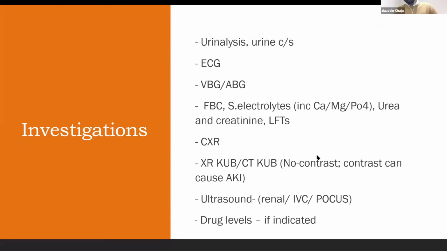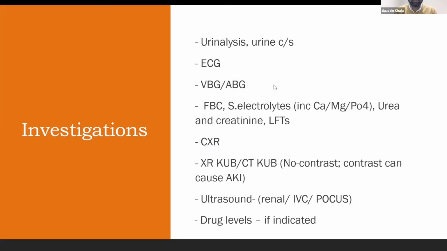When we are considering AKI and any problem with the kidney, especially thinking about pre-renal, renal, and post-renal, what investigations could be beneficial? Urinalysis, of course, is the first one that we're going to be doing.